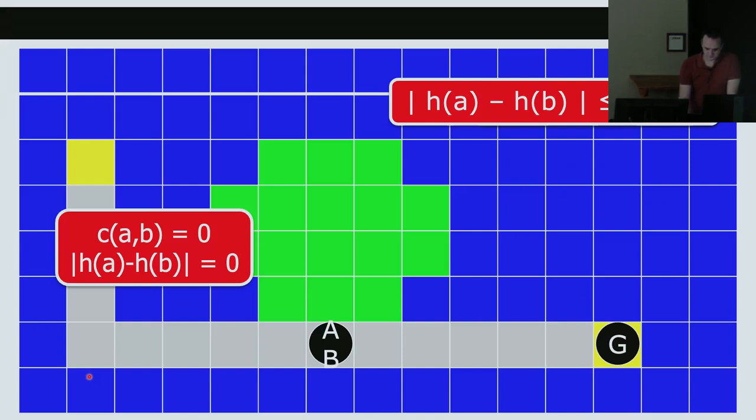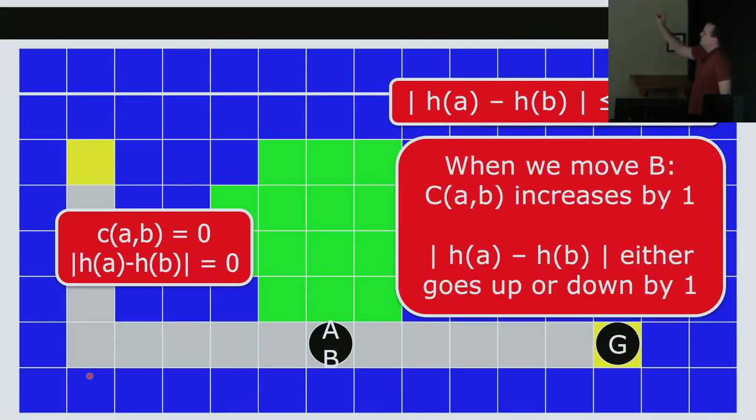Now, when we move B, so we're going to keep A at the same place, but we're going to move B 1 in some direction. So we're going to move it away. When we move B, the cost to go from A to B is going to increase by 1. But depending on if we move it toward the goal or away from the goal, the difference in their heuristic value is going to go up by a maximum of 1, but it could go down, right?